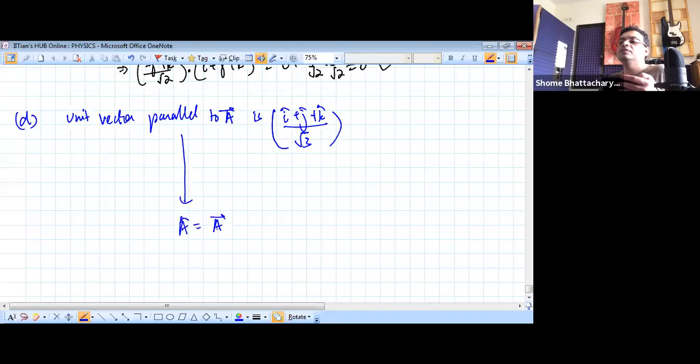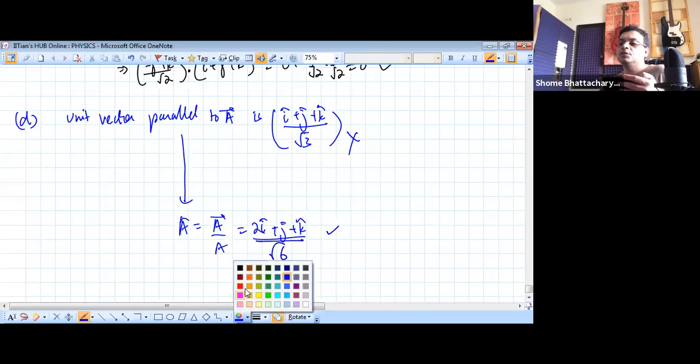It should be vector A divided by its own magnitude, which we had seen was 2 i cap plus j cap plus k cap by root 6. So this is not the correct one. This is the correct one. So option D becomes the wrong one, all other options being correct.